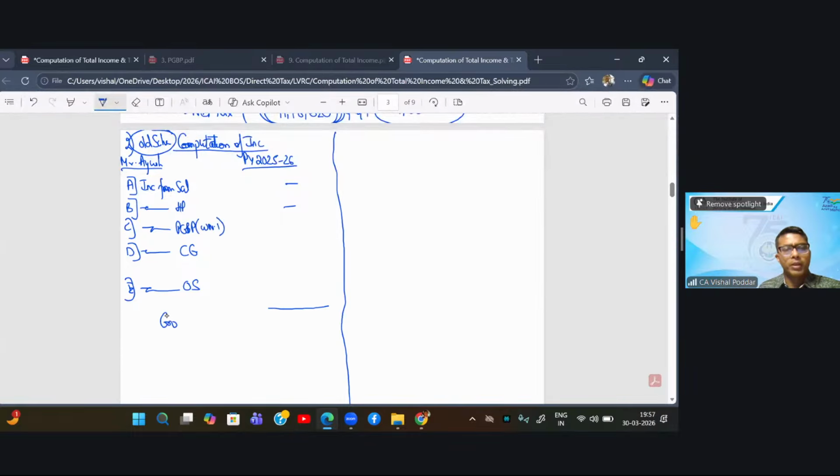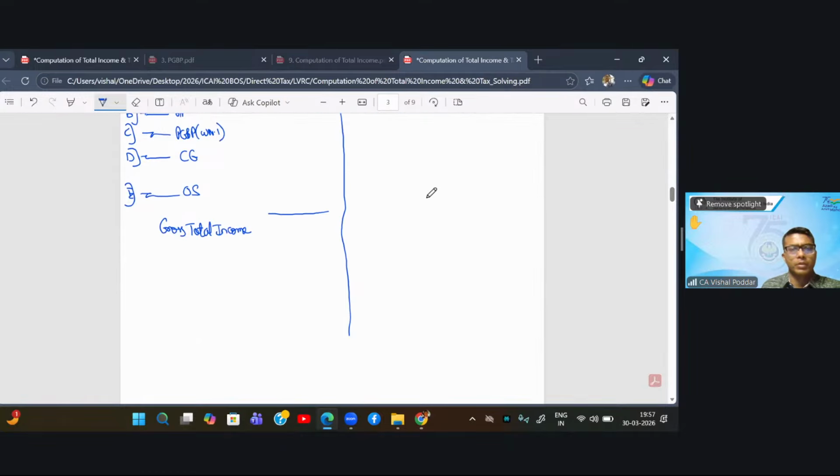This will be my gross total income, less reduction under chapter 6A. This will be relevant here because we are in the old scheme. So working note 2.